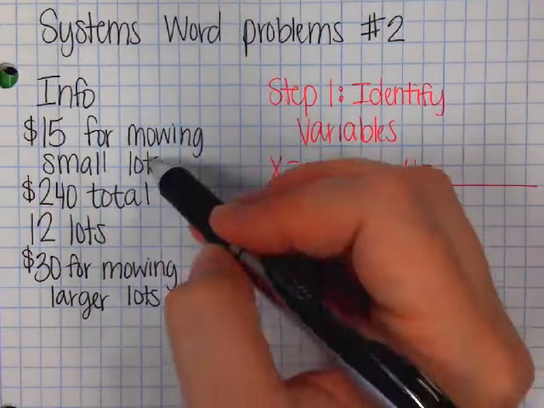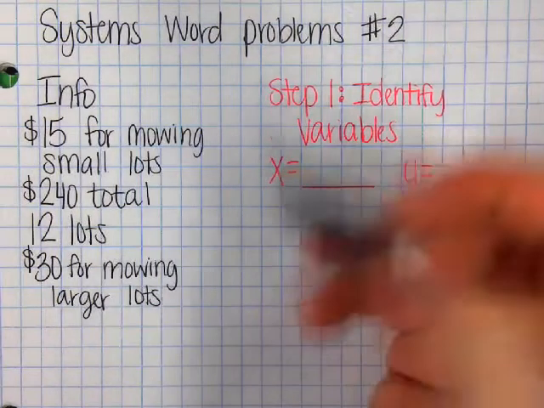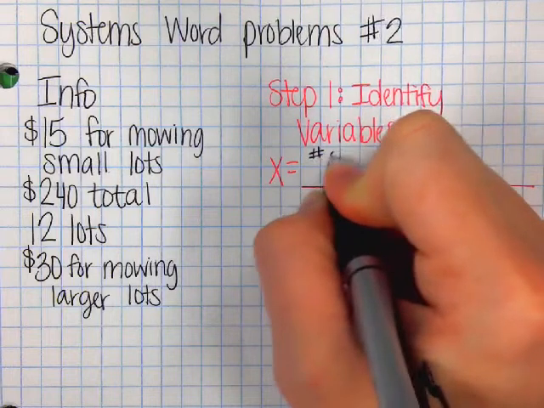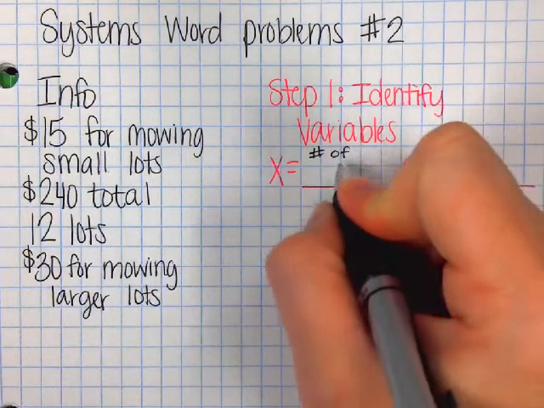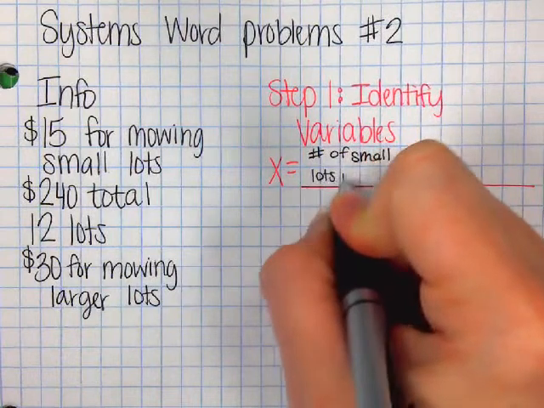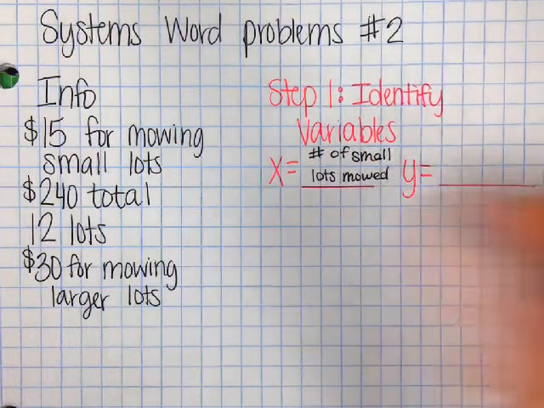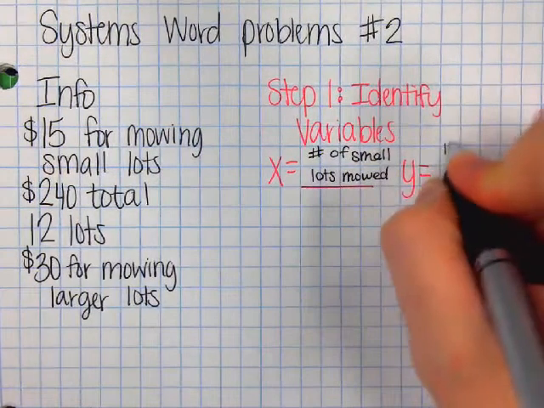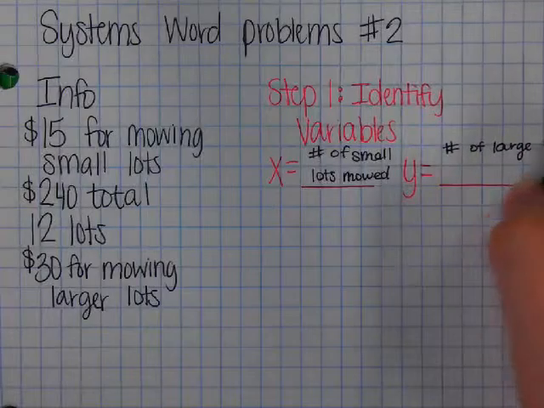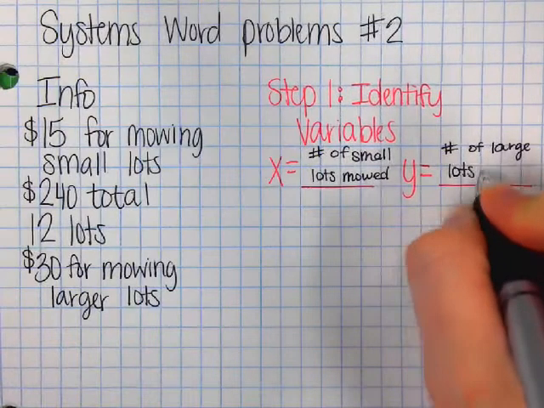We're talking about small lots and large lots. So let's say x is the number of small lots mowed, and y is going to be the number of large lots mowed.